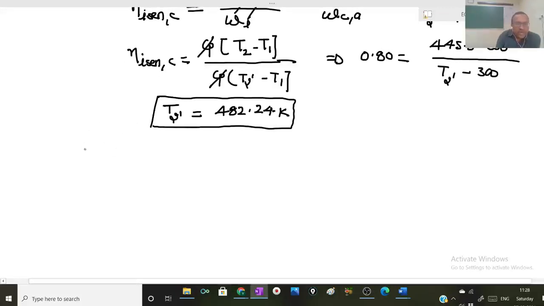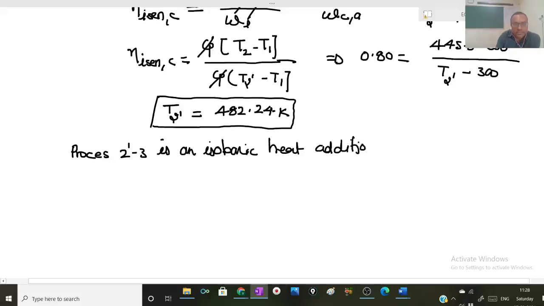Okay. Now let us consider process 2-3. Process 2-3 is an isobaric heat addition. So what we are doing actually is supplying heat. How are we supplying heat?